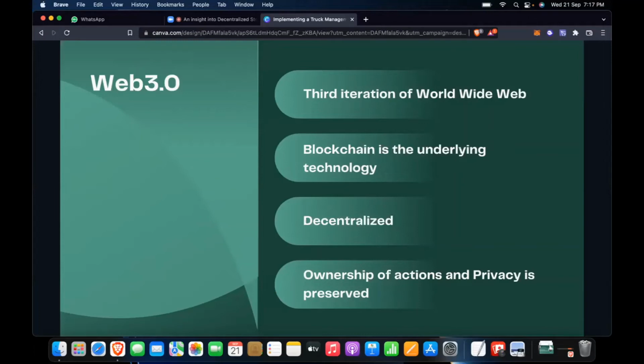Web 3.0 propagates decentralization. That means no central authority should have the right to operate. A user is the owner of their action, and privacy is preserved at all cost. In Web 3.0, the user is able to read, write, and execute transactions on the web. There is no third party behind the scene operating it on their behalf.